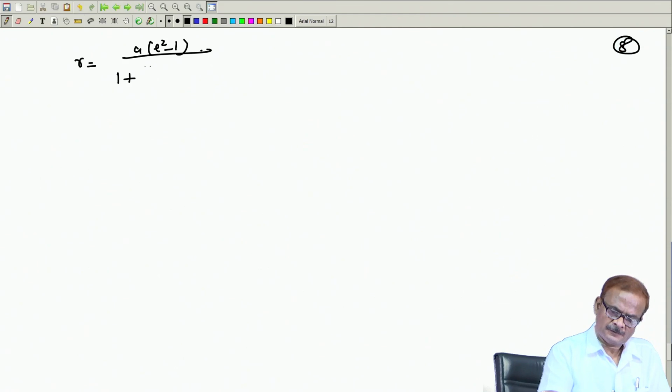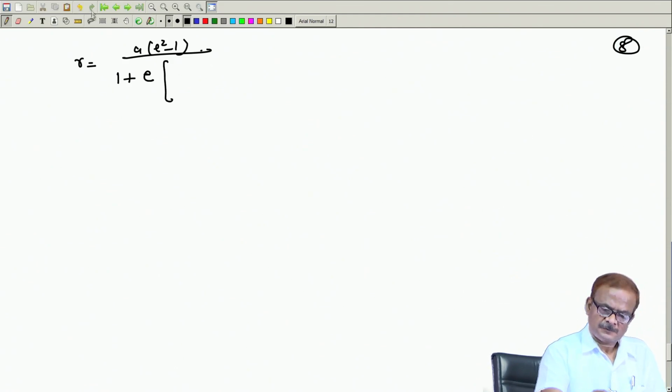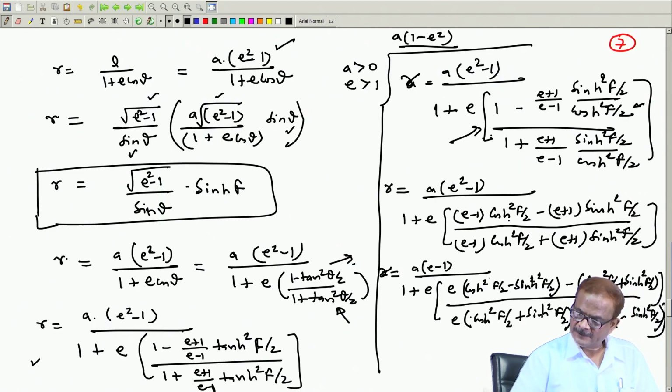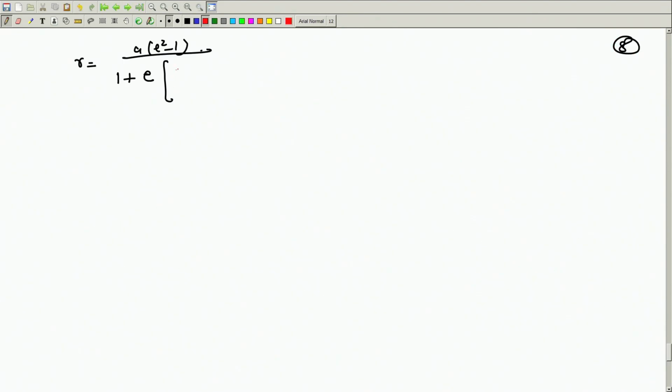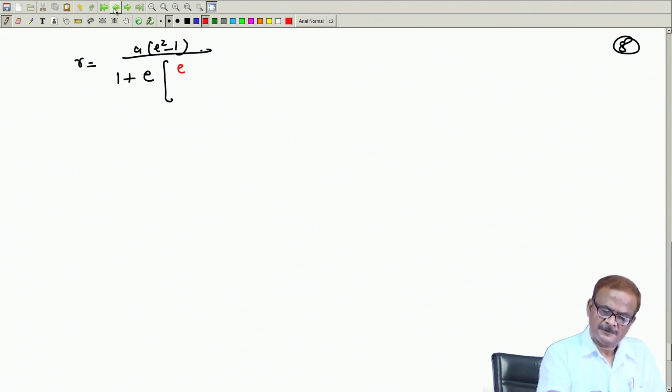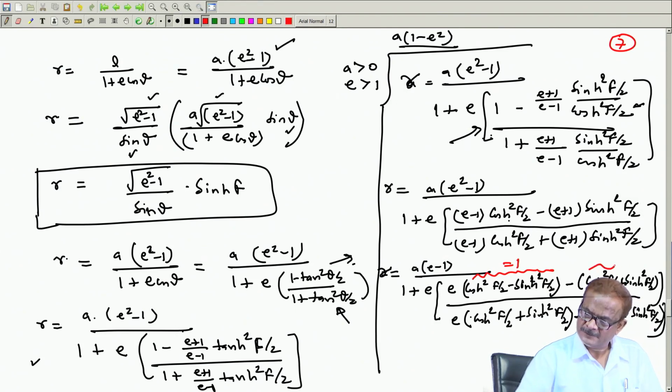e times, this term needs to be simplified. You can see that this particular term here equals 1: cos square hyperbolic f minus sin square hyperbolic f. So, this we write as 1. So, the first term becomes e. So, here you have e and thereafter this particular term is there, cos hyperbolic f by 2 plus sin hyperbolic f by 2.